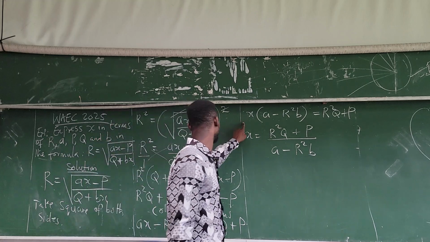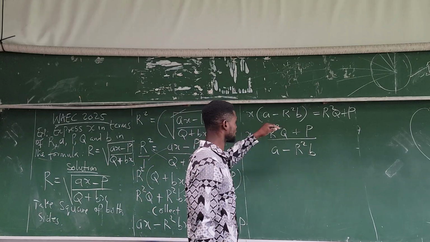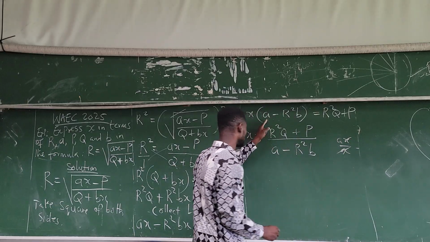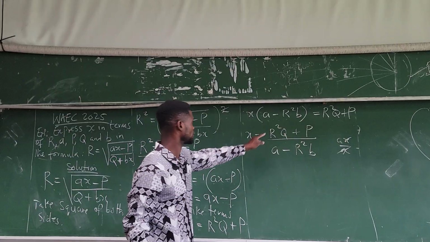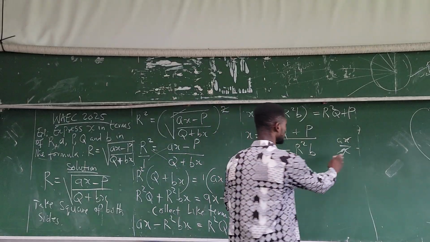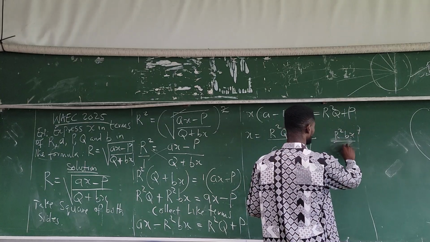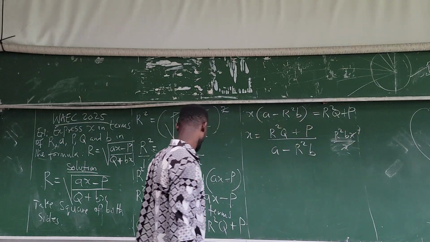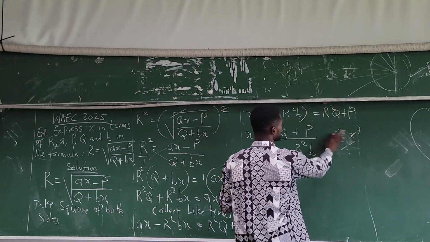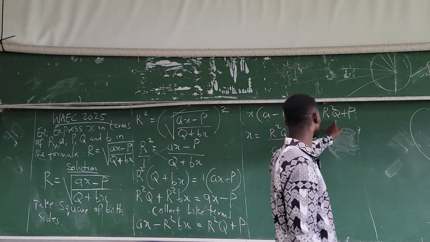AX divided by X will remain A; X cancels X. Then minus R square BX divided by X: you can see X cancels, and we have only R square B. That's why we had that, bracket closed, equal to this: R square Q plus P.